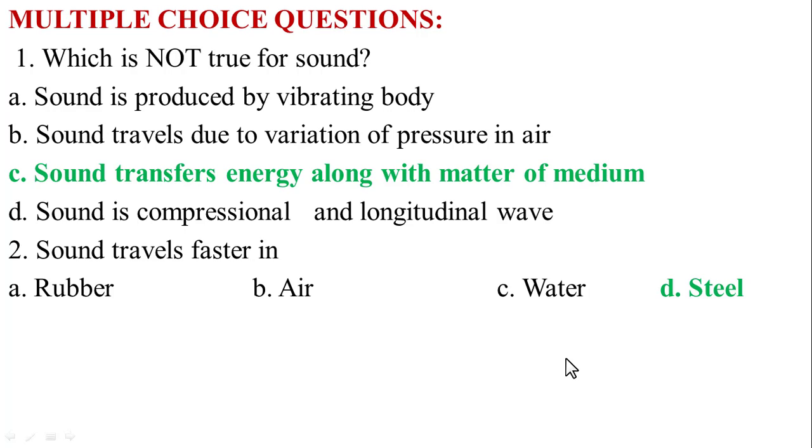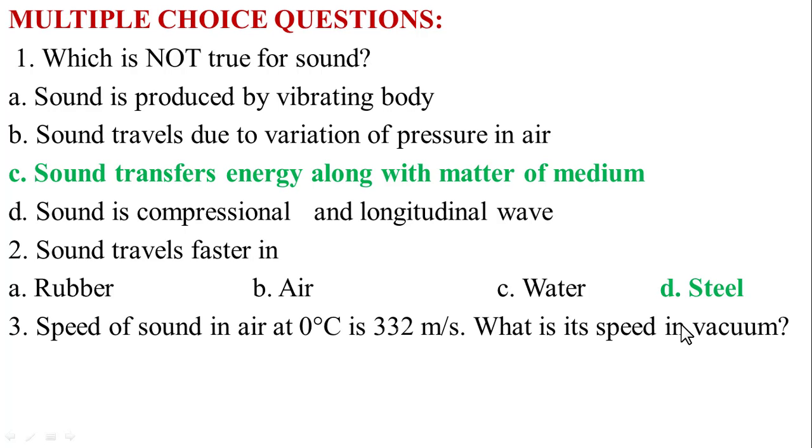In gases, it travels at a very slow speed, approximately equal to 343 meters per second; in liquid it is 5 times more than gases, and in solid it is 15 to 17 times faster as compared to gases. So the answer of the second multiple choice is D, steel.